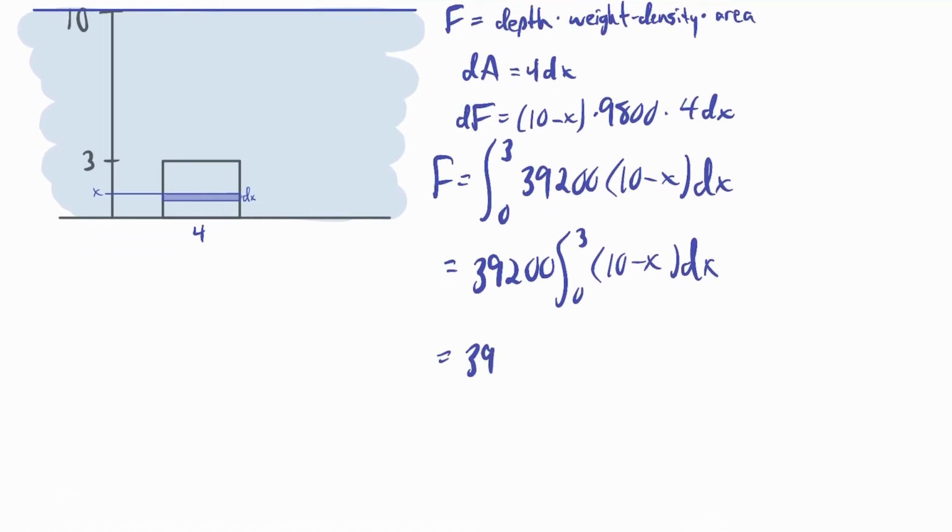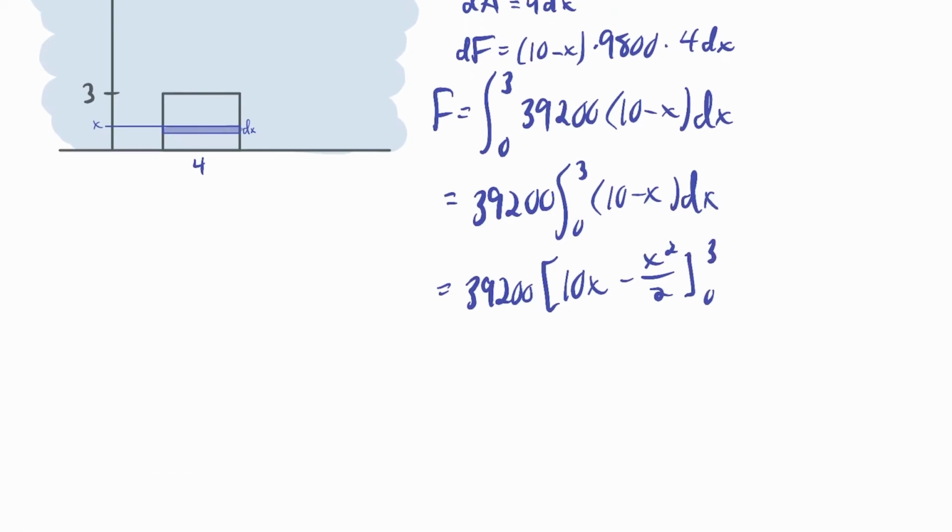So 39.2 times 10x minus x squared over 2, evaluated from 0 to 3. So this would be 39.2 times 30 minus 9 over 2, minus 0.